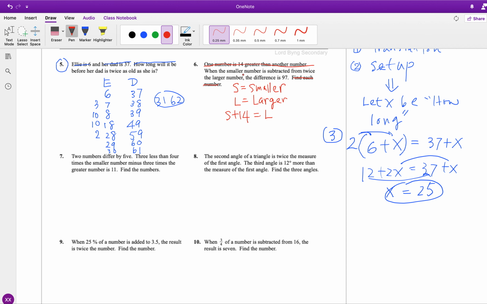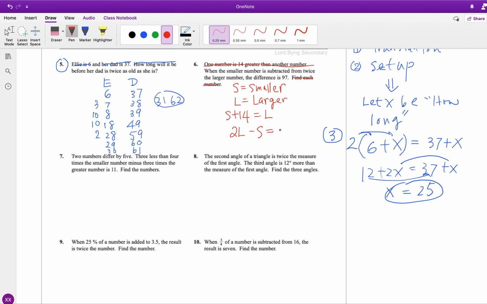Now, when the smaller number is subtracted from twice the large number, oh my gosh, twice of the large number, so subtract the smaller number from twice of the large number, and then that is 97, right?